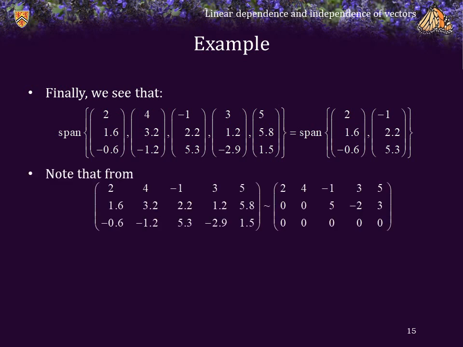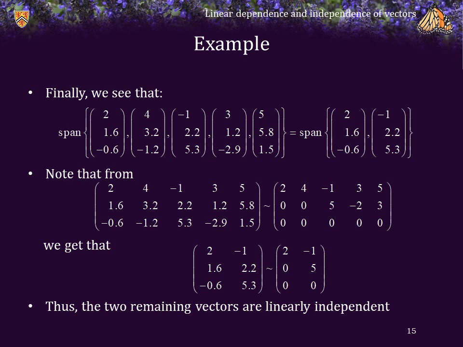Now, once again, from the original matrix and its row equivalent matrix in row echelon form, we note that if we take columns 1 and 3, we see that the matrix comprised of the column vector 1 and the third vector is row equivalent to a matrix with rank 2, and therefore we may conclude that these two vectors are linearly independent.